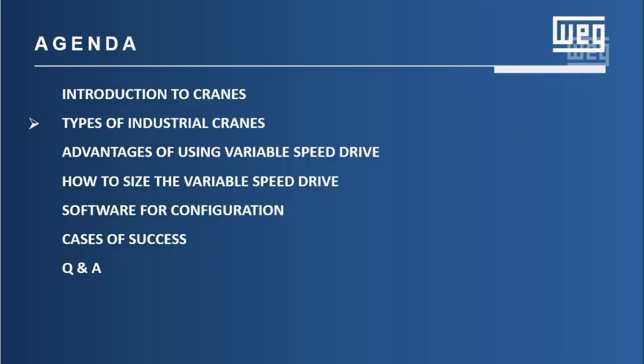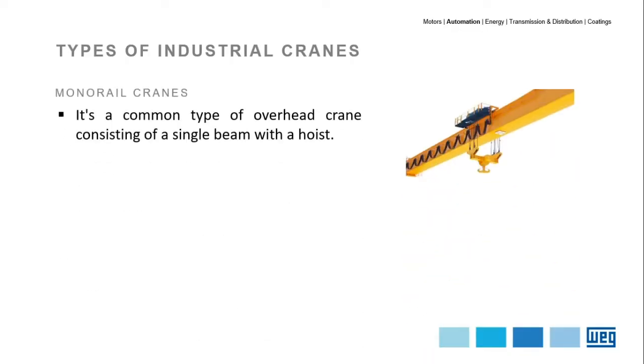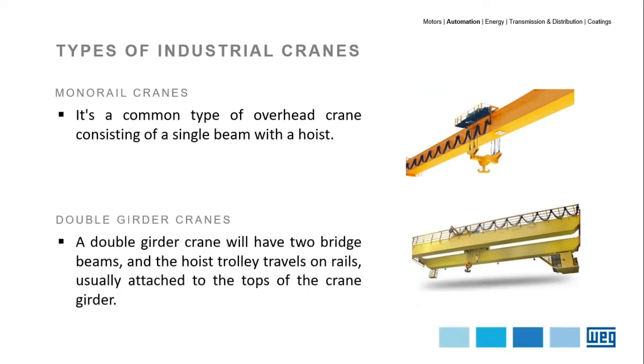Types of crane. Monorail cranes. As you can see, it's a common type of overhead crane consisting of a single beam with a hoist. Double girder cranes will have two bridge beams, and the hoist trolley travels on rails, usually attached to the top of the crane girder.